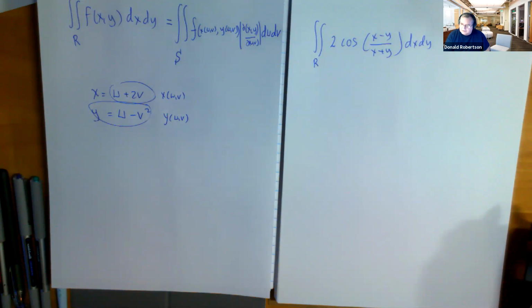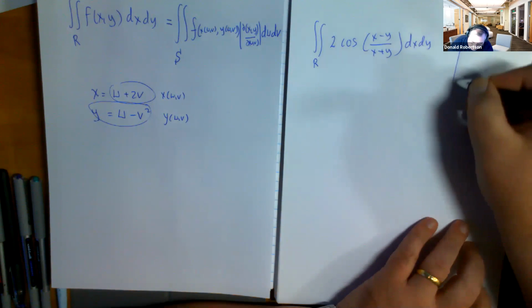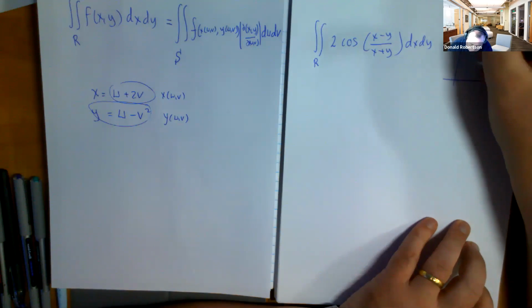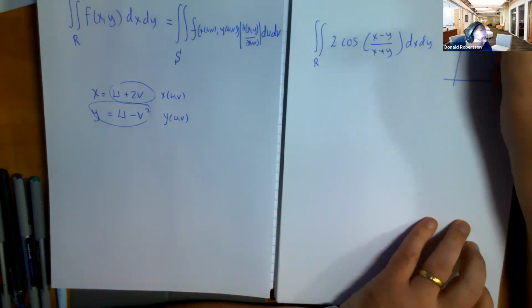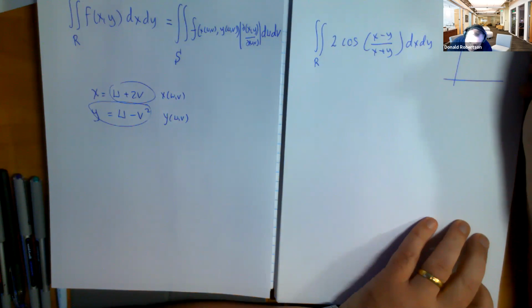So far, so good? And we are going to do it over a region that is described by the vertices (1, 0), (5, 0), (0, 5), and finally (0, 1).